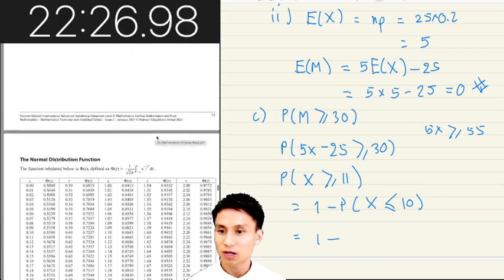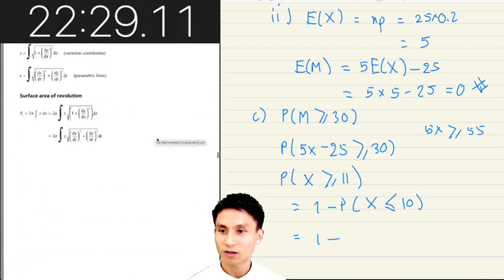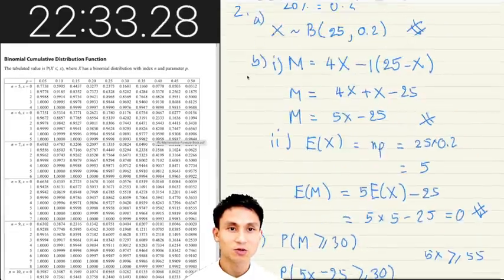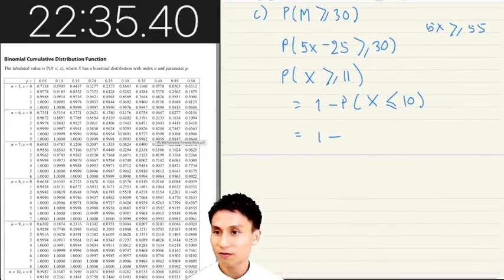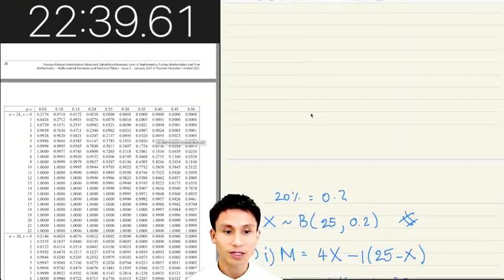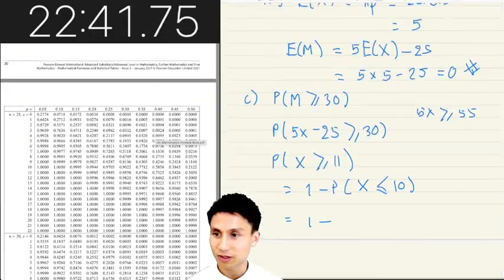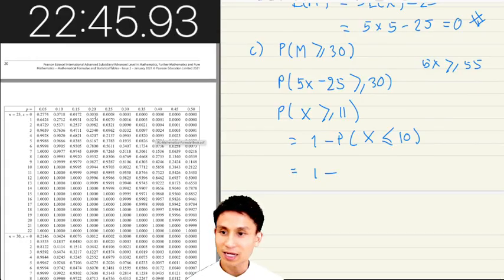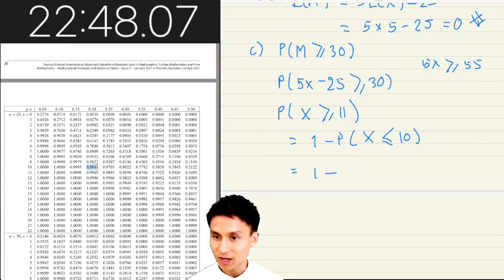So we're going to go to the binomial table. So n is 25, and probability is 0.2. I'm just being careful here. We need x less than or equal 10. So that is the value there, okay?